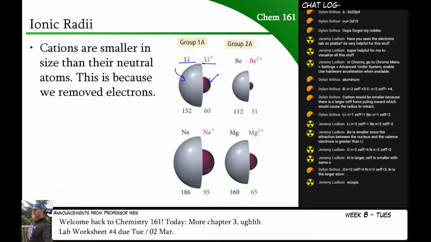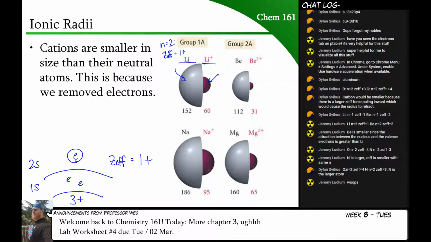So if I look at lithium, here's my lithium nucleus. And at this point, you should know that Z effective for this electron is 1. So Z effective for lithium is plus 1, and it has n equals 2, right?